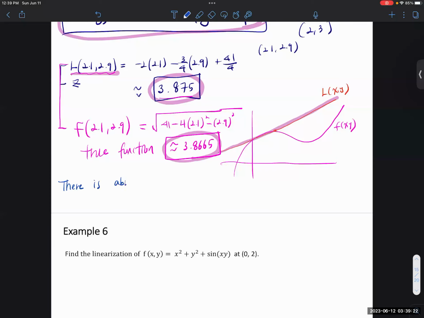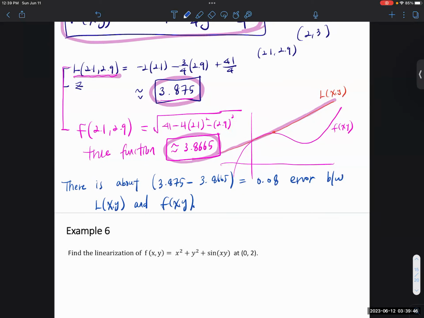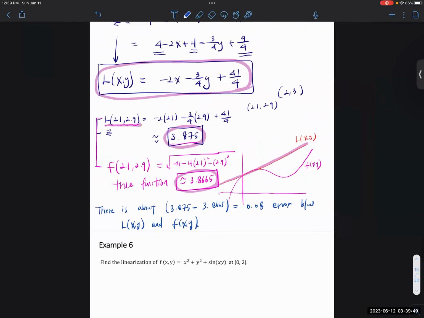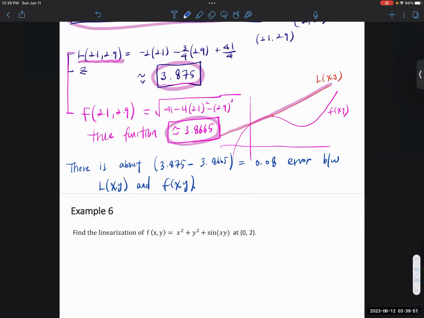So what does that mean? There is about 3.875 minus 3.8665. The difference is about 0.008 error between the linear approximation, which is a tangent plane, and the function. So that's the conclusion. I just want to show you that process.